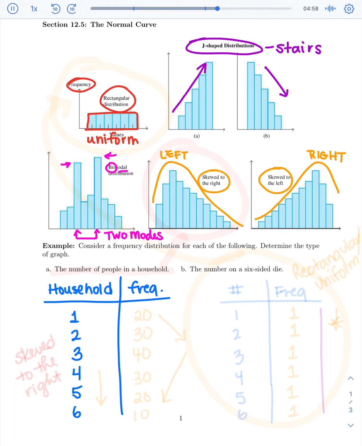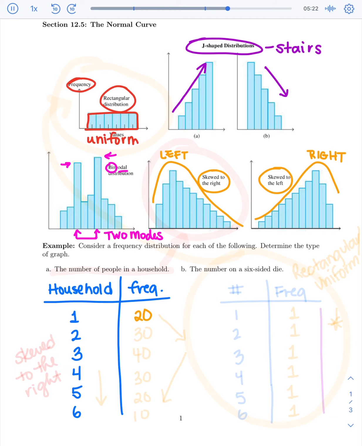The idea here is you'd have quite a few households with just one person. Let's say if we had talked about 100 people, there'd probably be about 20. Same thing with households with 2 and 3.